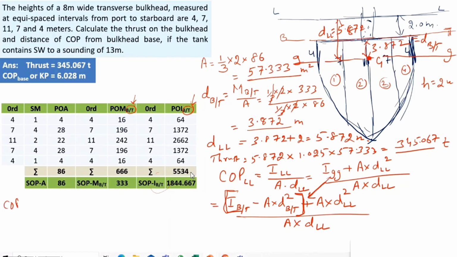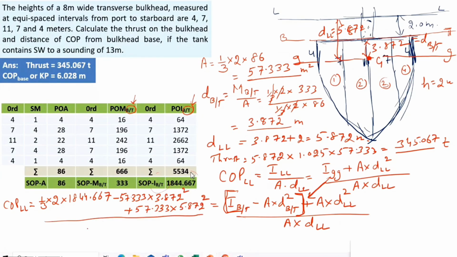So COPLL will be equal to IBT. Here the SOP about BT has coefficient 1 by 3, common interval 2. The SOP inertia about bulkhead top is 184.67, that is IBT, minus my area, which is 57.3, into my DBT, 3.872 square, plus my area 57.3 into my DLL, 5.872 square.